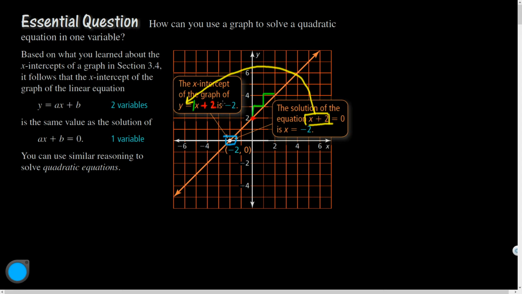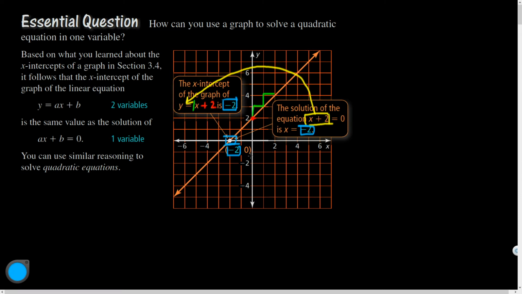And so notice the x-intercept is -2, and -2 was also the solution we found when solving algebraically. And so this is the idea. If I take an equation and write it as a function, a y equals function, and then graph that equation, then notice the x-intercepts will be the solutions of the original equation.